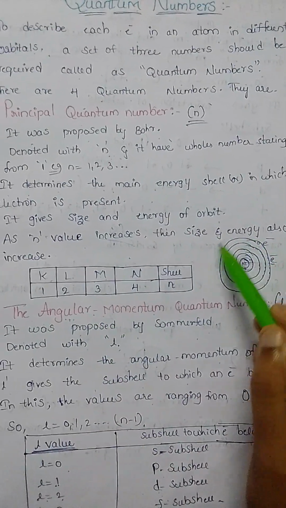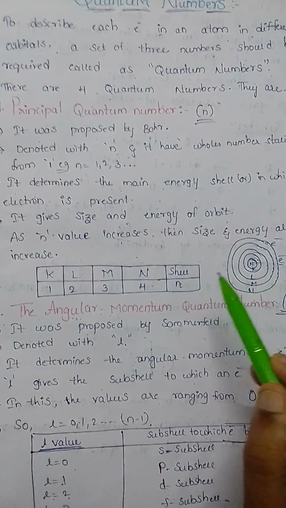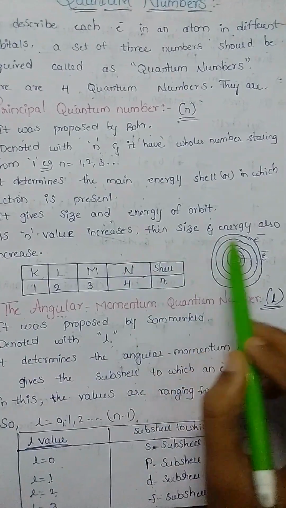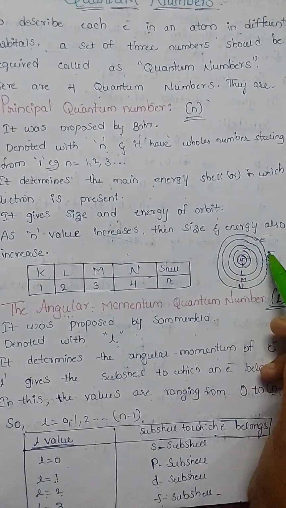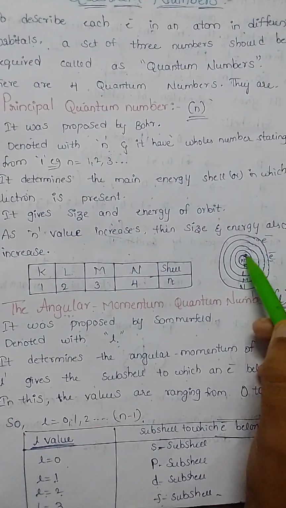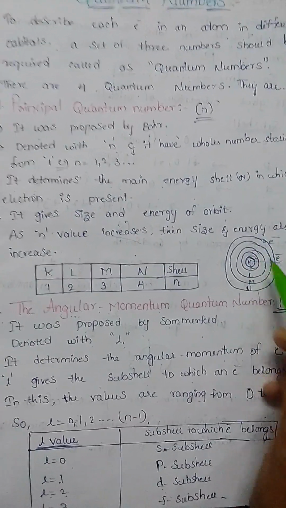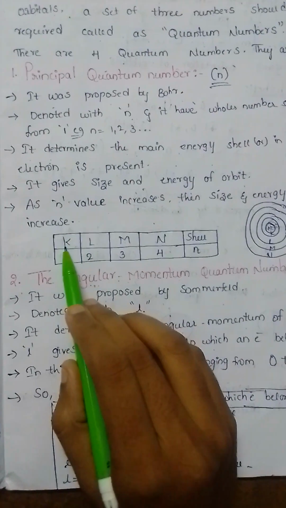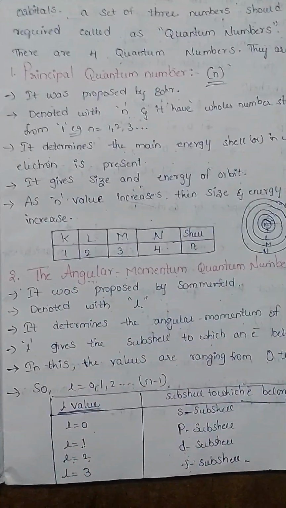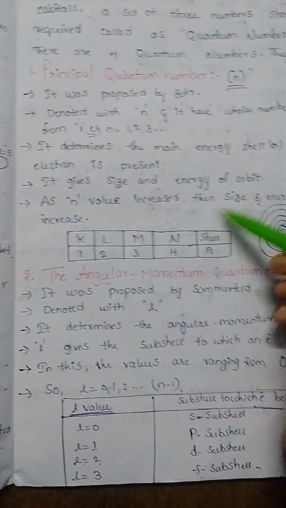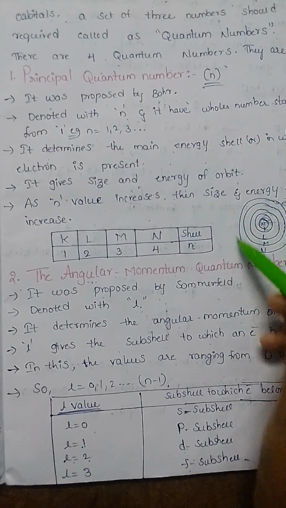As the n value increases, the size and energy also increase, because the electrons are farther away from the nucleus. The shells are K, L, M, N, and the n values are 1, 2, 3, 4.